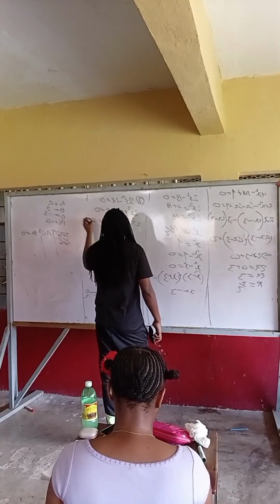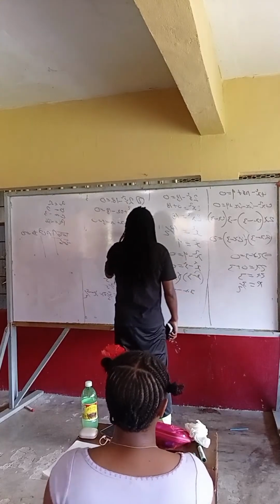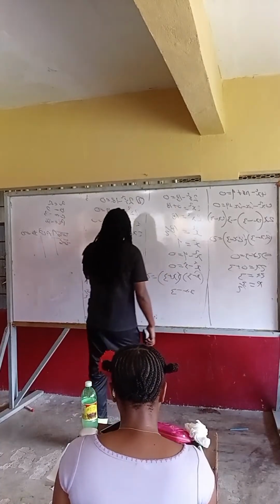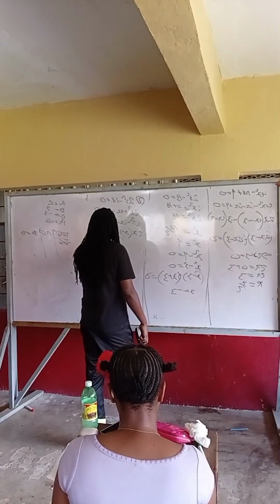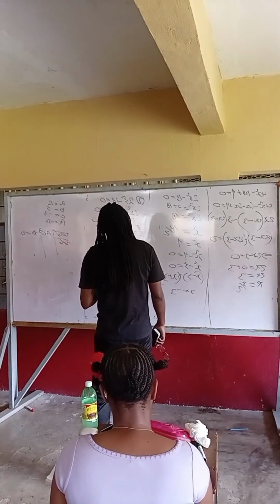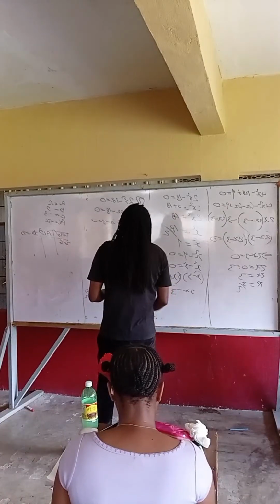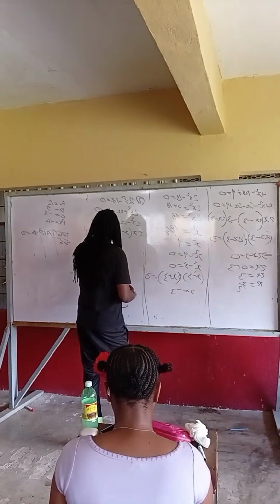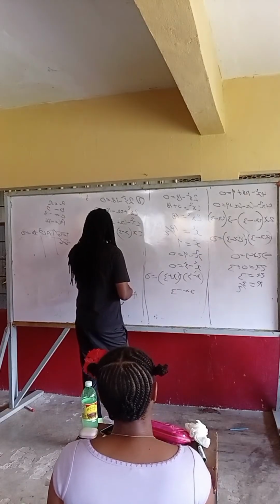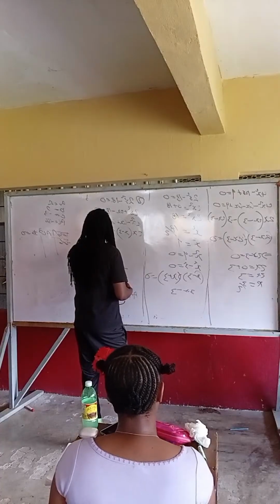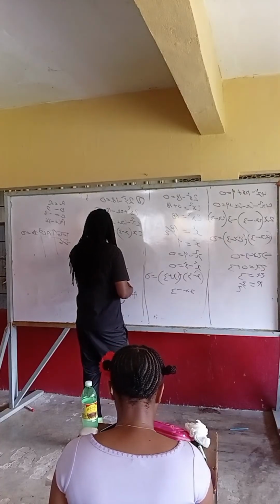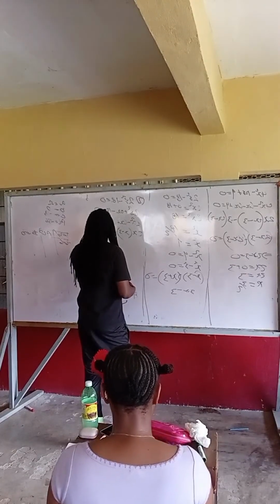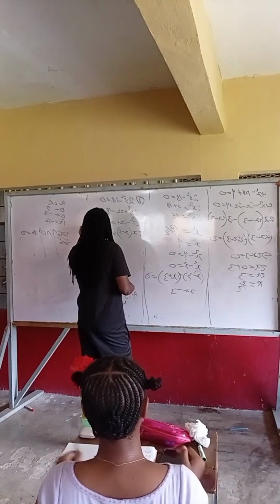minus 18 equals 0. It comes 2x bracket x minus 3, and then 6 bracket x minus 3 equals 0.